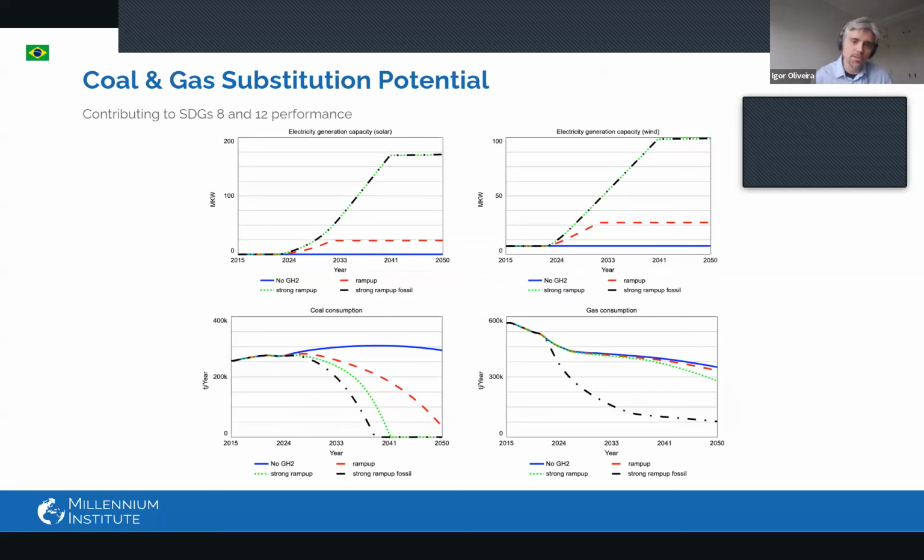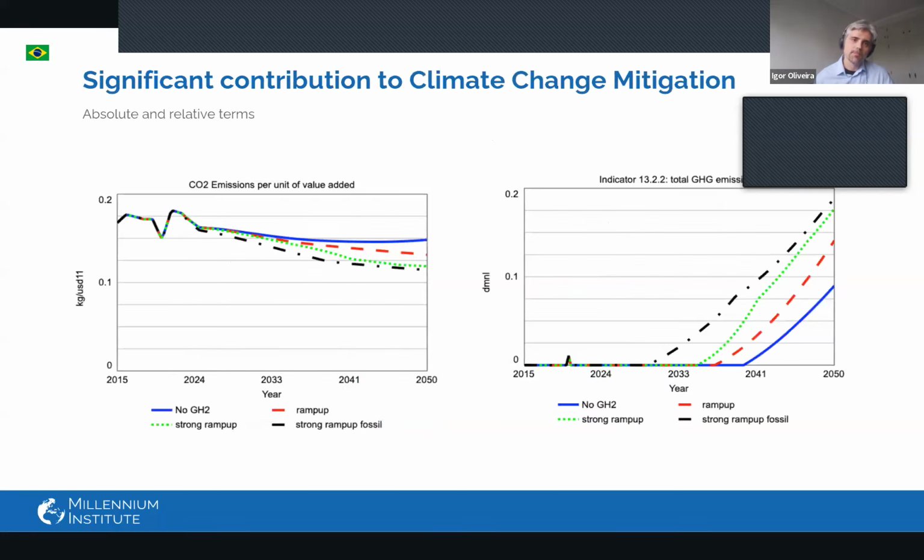So we really can see that green hydrogen can play a role there, and it was a fortunate discovery that we could measure it and quantify it over time and discuss the results with stakeholders.